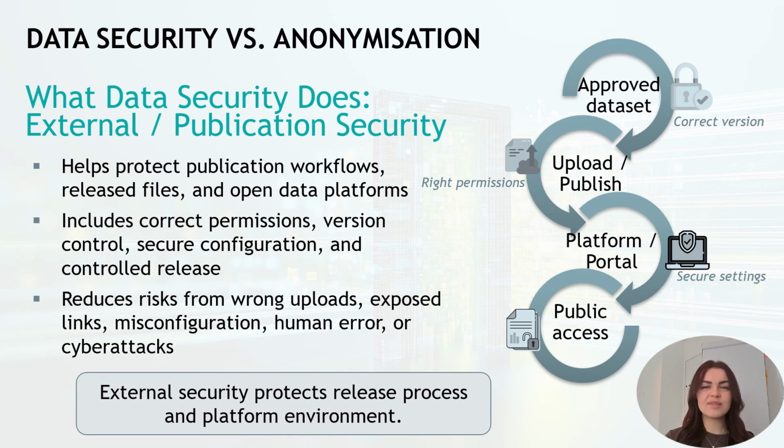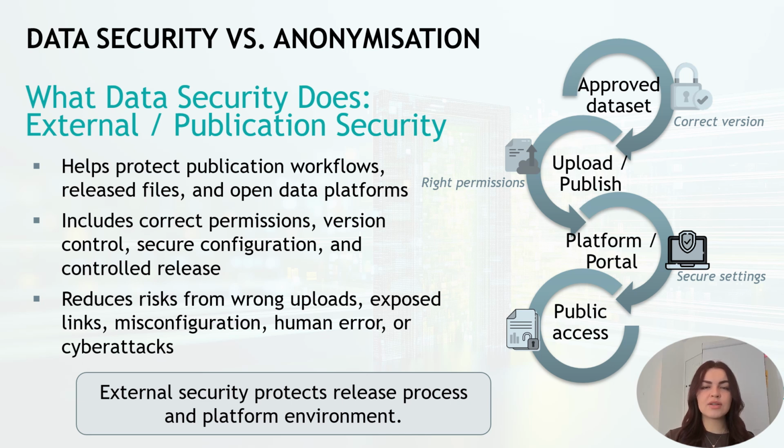Once a dataset is ready for release, teams need to make sure the correct version is uploaded, access settings are correct, and the portal environment is configured safely. This reduces risks such as wrong uploads, exposed links, misconfiguration, or unauthorized changes.